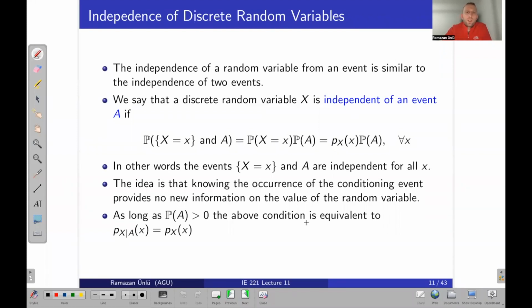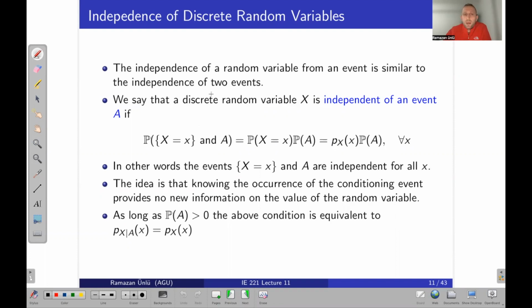In this part, we will talk about the independence of random variables. The independence of a random variable from an event is similar to the independence of two events. Throughout the semester, we have always talked about the independence of two events.